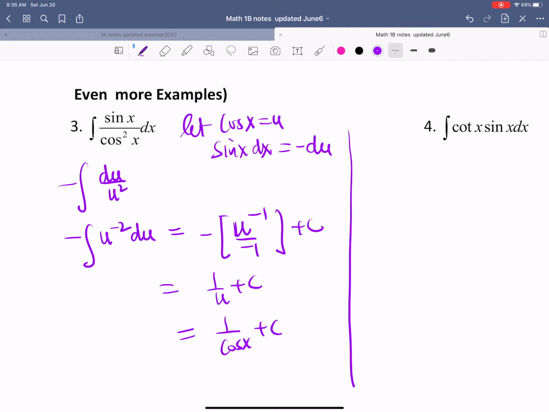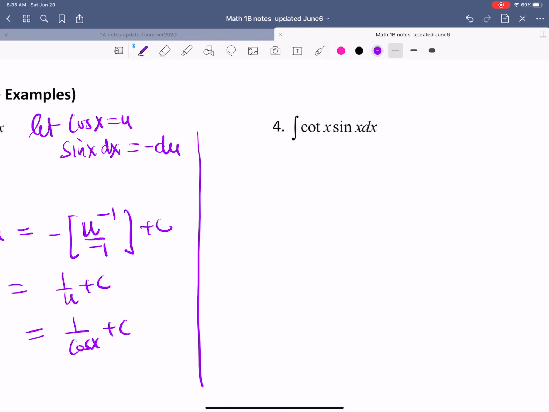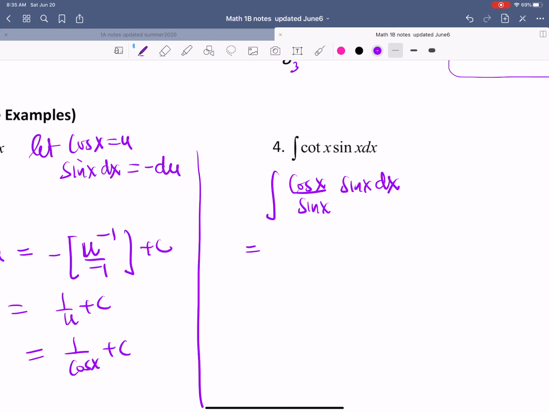Okay, the next problem, cotangent x times sin x. There's no function whose derivative is cos x times sin x. So what I can do here is change the cotangent into cos x over sin x times sin x dx. Good.